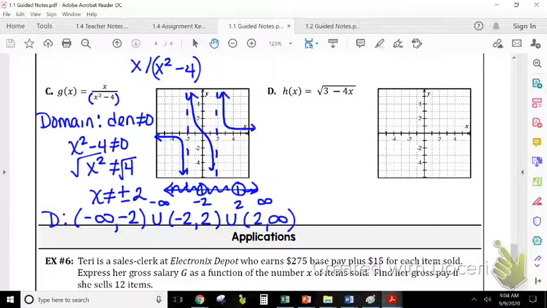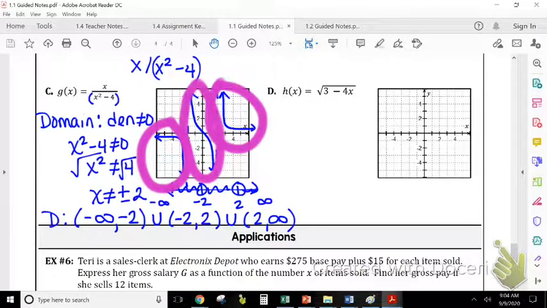And so I'm not so worried about the graphing piece of it too much because you can follow the calculator until we get to where we actually talk about graphing the rational functions. And don't worry, that's coming up soon. So that's what our graph would look like. But the reason I went ahead and looked at the graph is because you can see on this graph we have 1, 2, 3 parts to it, okay? And so we have to have those 3 parts in our domain. So watch for that.